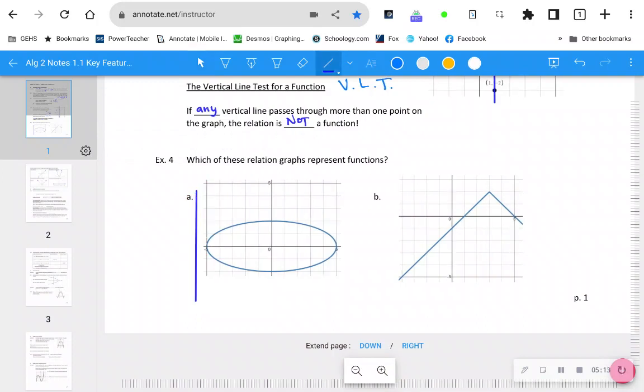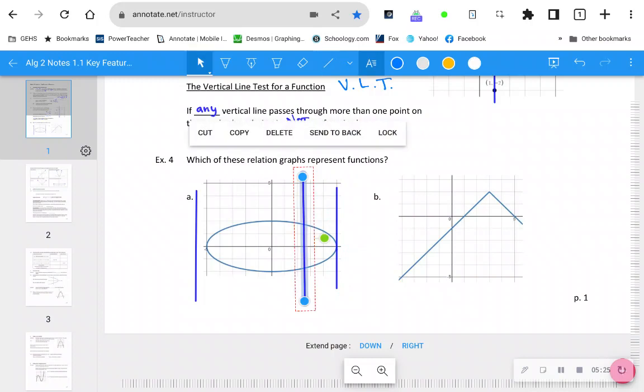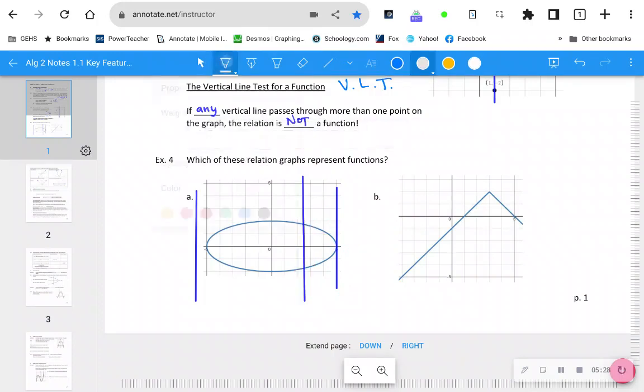Now I'll draw another one. Only 1 spot on the graph, and let me move this a little bit so it actually hits just 1 place. You're okay so far. But as soon as it hits more than 1 spot, for instance, that spot and that spot, this just failed the vertical line test.